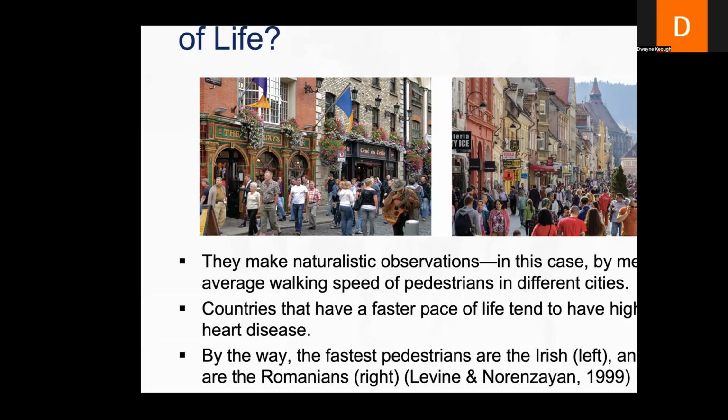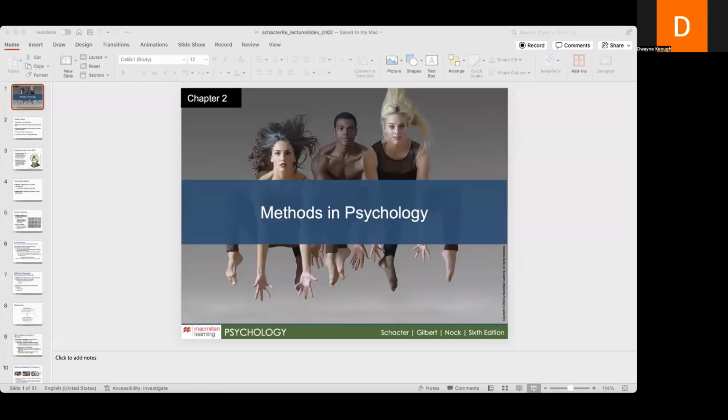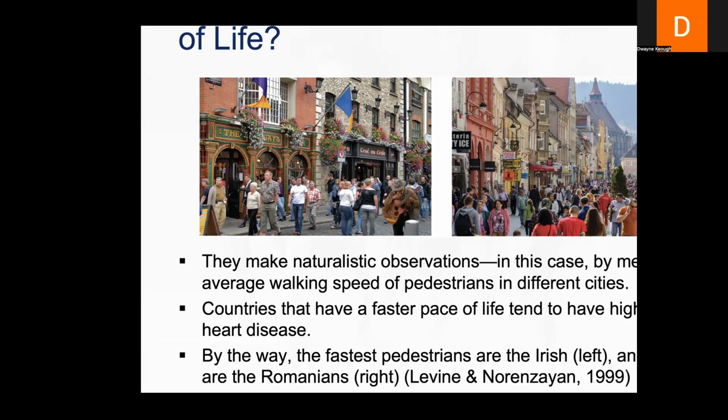And the fastest pedestrians we see here are the Irish on the left, and the slowest are the Romanians. But just because you walk fast, a quick pace, why would that somehow link you to heart disease? What's the connection between it, do you think? I mean, if you're walking fast, wouldn't you argue that maybe you should be fitter?